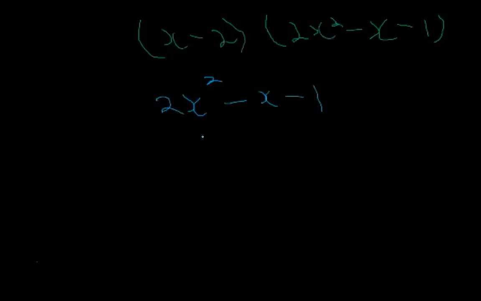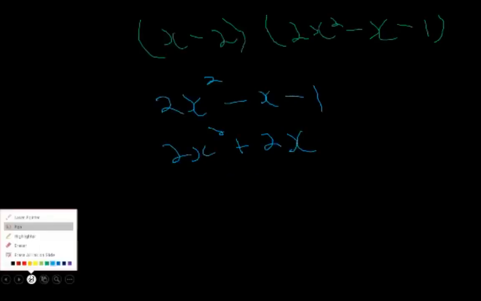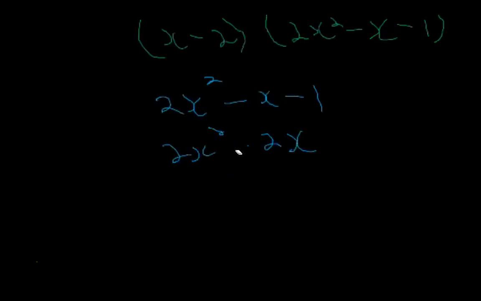So what two numbers when added will give me -1, but when multiplied will give me -2? That would be minus 2x plus x.